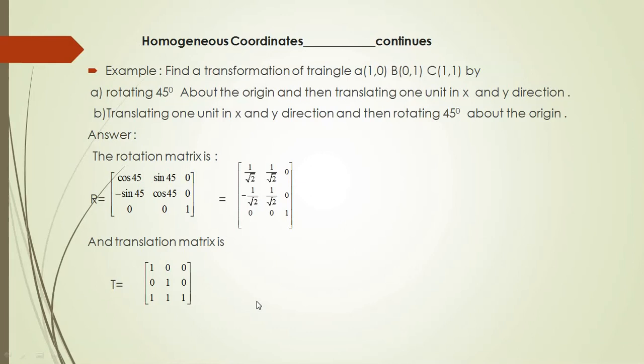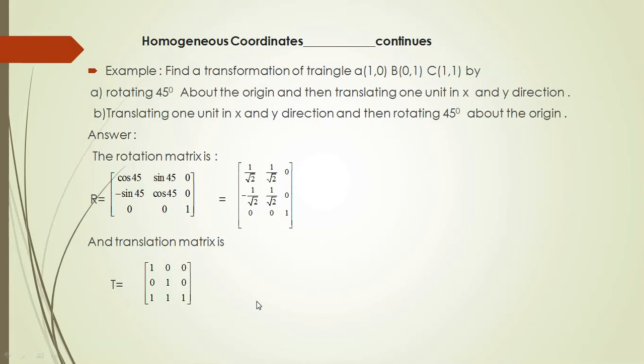the rotation matrix is, for the first question, that is A answer, rotation matrix R is equal to cos theta sin theta 0, minus sin theta cos theta 0, 0 0 1. So our theta is equal to 45 degrees. So R is equal to cos 45, sin 45, minus sin 45 and then cos 45.